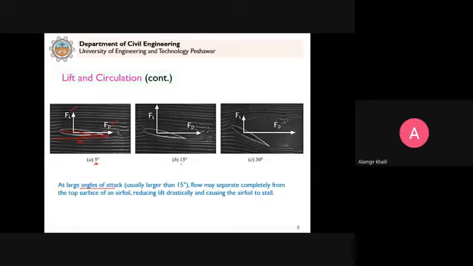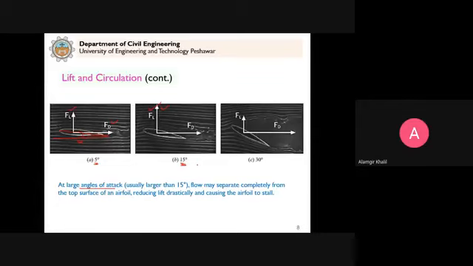When you increase this angle of attack, you can see that the lift force is increased. You see here the size of the vector is greater than here. So if this is 15 degrees, the lift force is increased. Should we increase it more and more, will the lift force keep increasing?